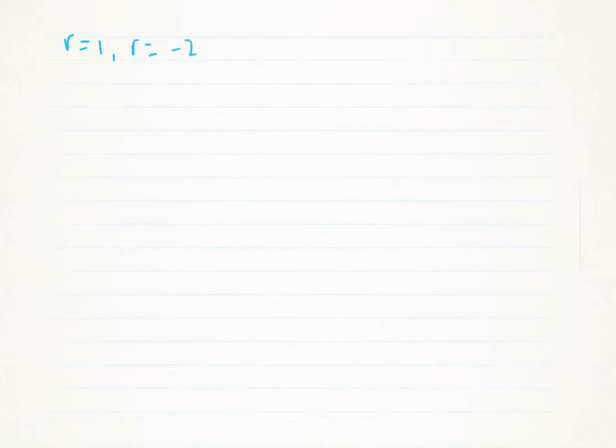I presume you're okay with quadratics. Right, okay. Now it doesn't matter what order you do these in, but the first root, r sub 1, equals 1, and the second root, r sub 2, equals minus 2. Right, okay.